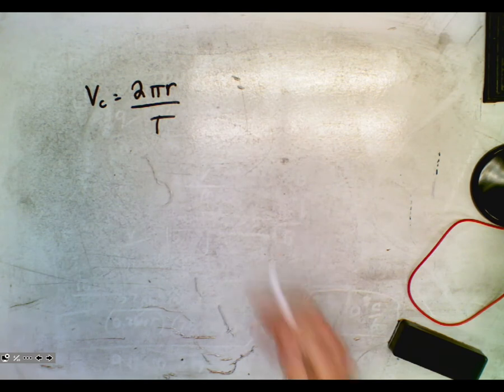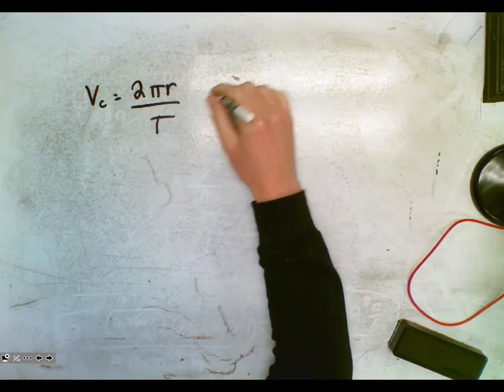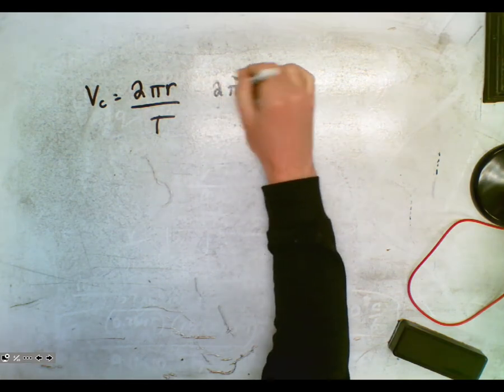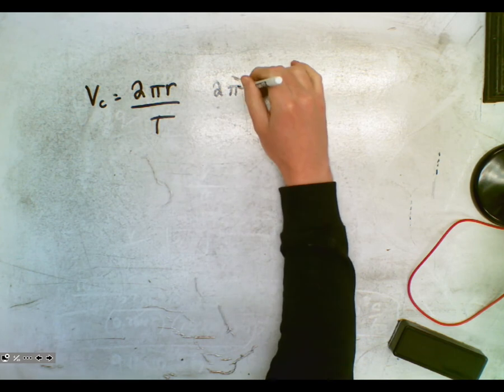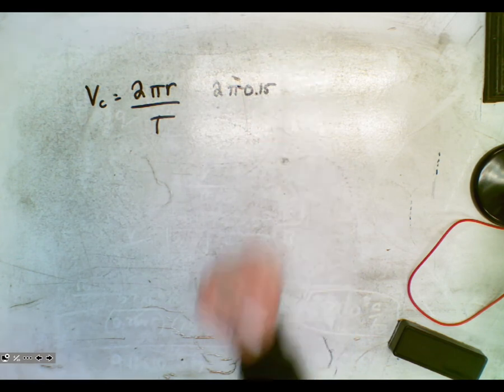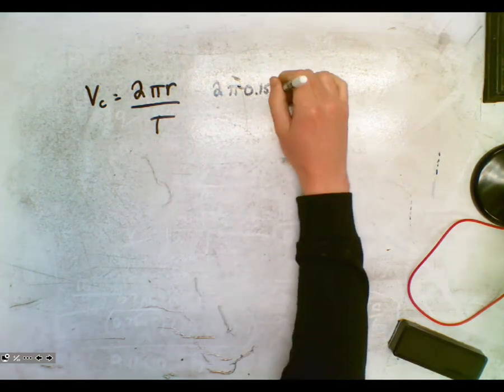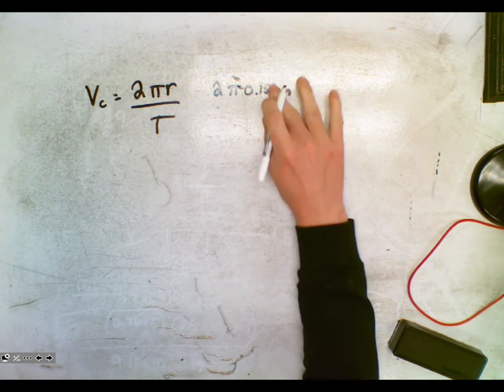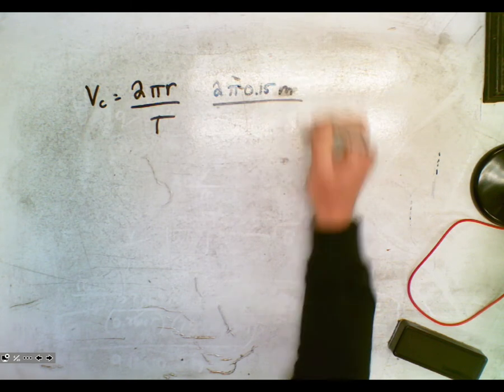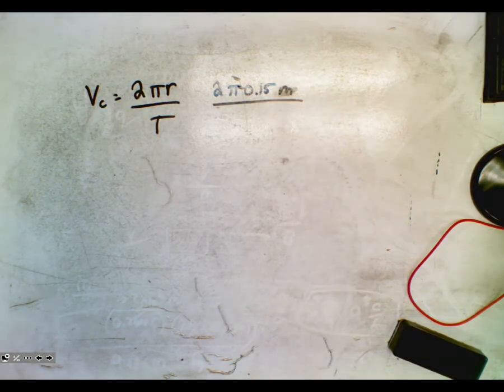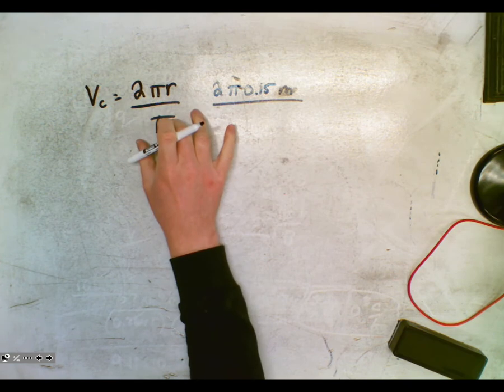So 2 pi r divided by T. We already know 2, we know pi, and we know our radius is 15 centimeters because the diameter was 30 centimeters, so it's going to be 0.15 meters. And then we just need to find our period.